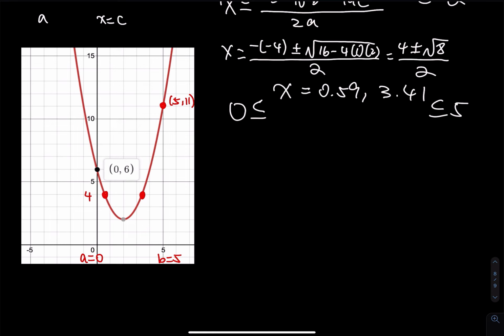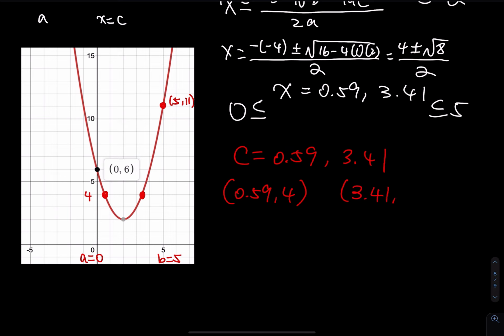In this case, c is equal to 0.59 and 3.41. There are two c's in this case, one at 0.59 and one at 3.41, such that when x is equal to 0.59, y is equal to 4. When x is equal to 3.41, y is also equal to 4. So this is 0.59, this is 3.41.